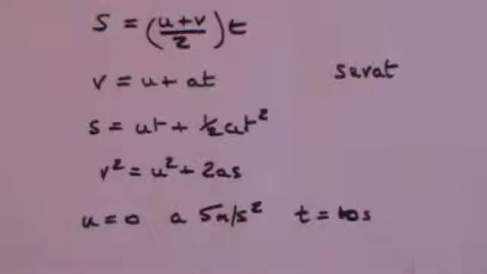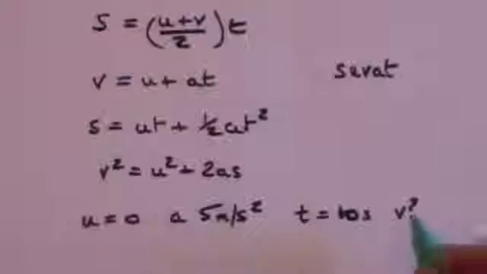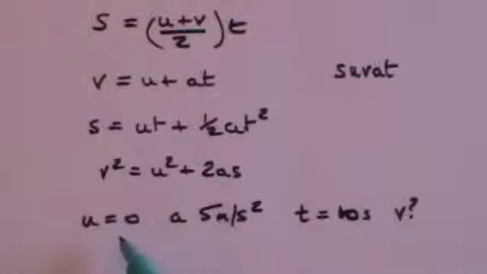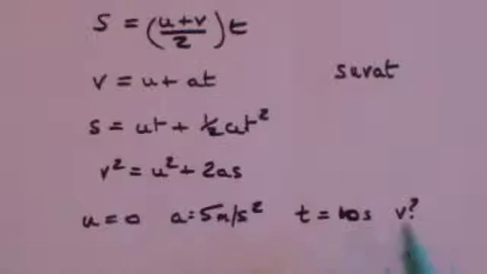And you are asked to find the final velocity. So a body starts at rest, 0. It accelerates at the rate of 5 meters per second squared for a time of 10 seconds. What is its final velocity?